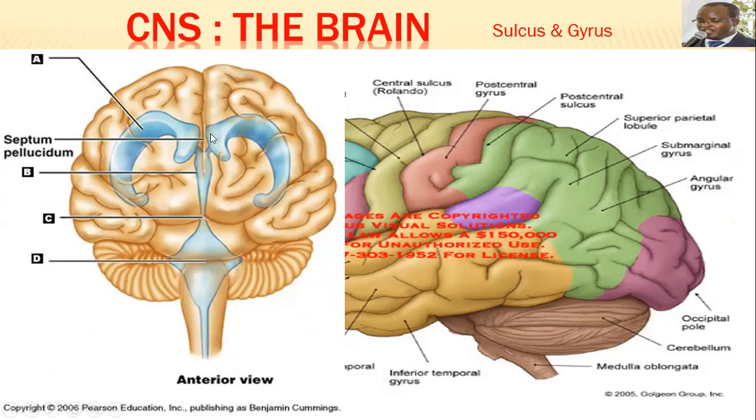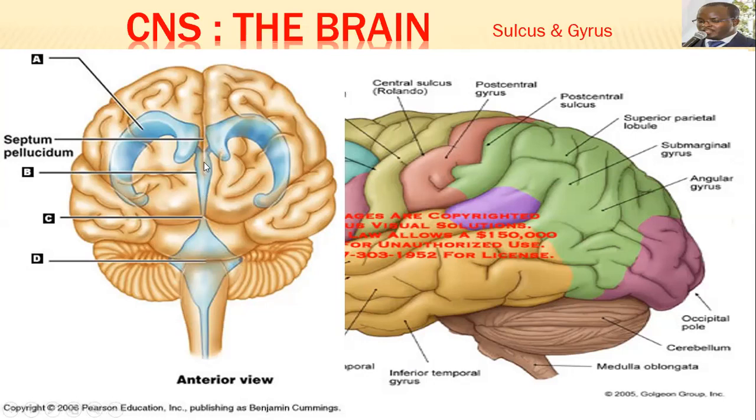Then the 2 lateral ventricles are connected to the 3rd ventricle via the foramen of Monro. The 3rd ventricle is found within the mesencephalon or the midbrain.